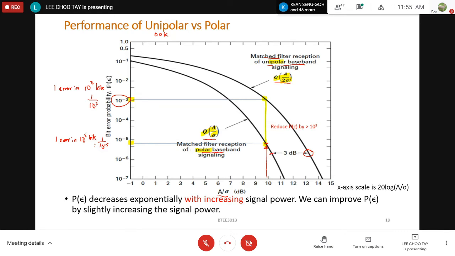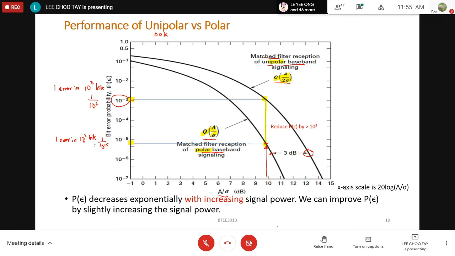So if you use unipolar signaling, you need 3 dB more. 3 dB means what? 2 times more power, isn't it? 2 times more power as compared to the polar baseband signaling, if you want to have the same probability of error for these two types of signaling method.